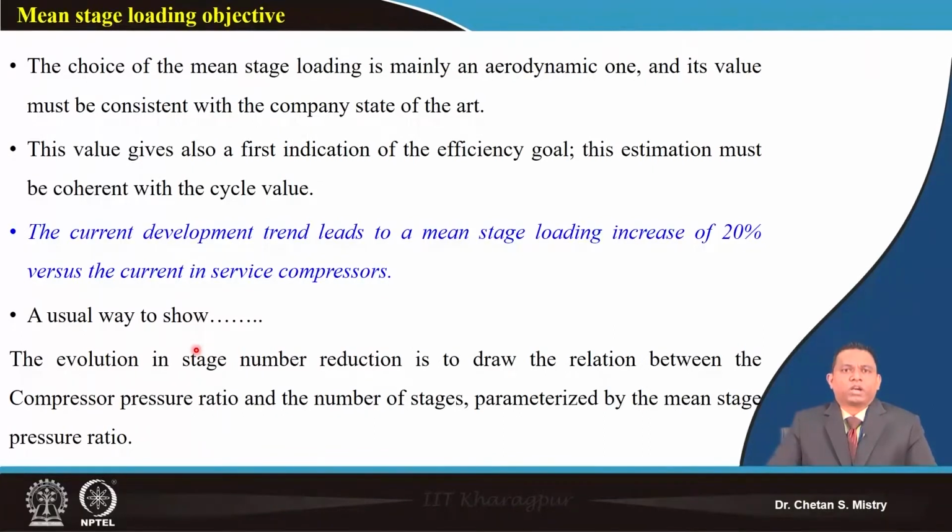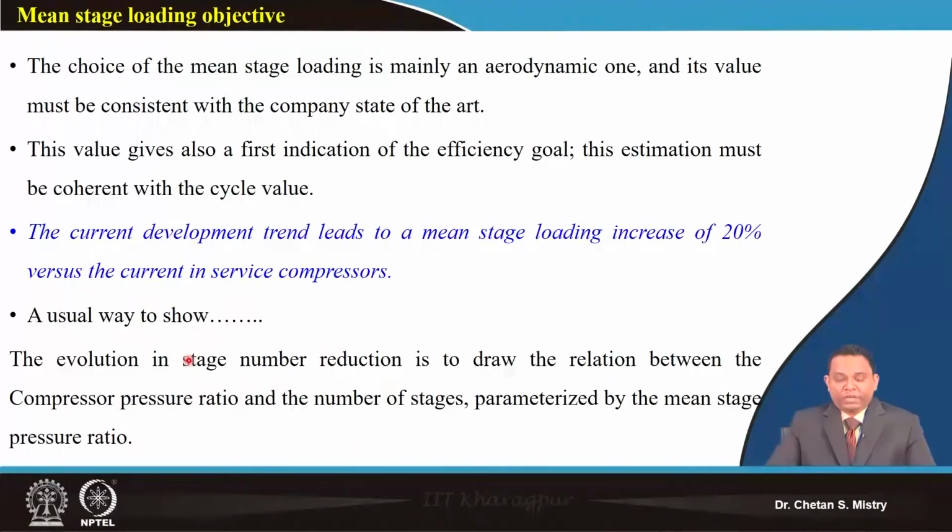The current trend says that mean stage loading needs to be increased by 20% over existing flying engines. You can imagine that's a big number in itself. So usually we need to play with the number of stages in our design.